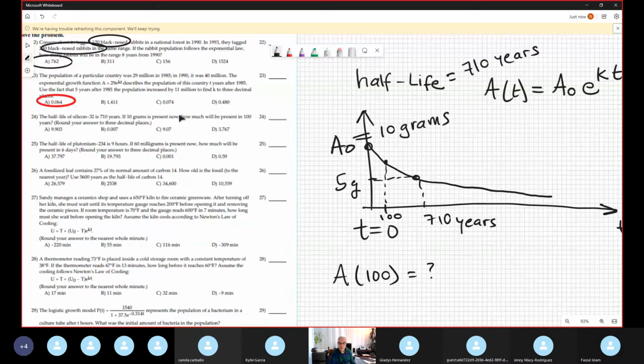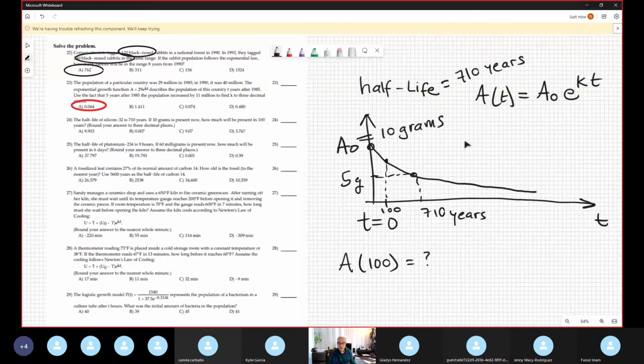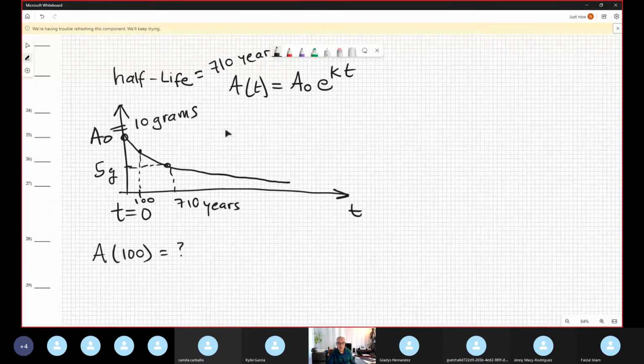Okay, we're using the formula again. We come back here, but I need to find the K first. So the initial condition is condition 0, condition 1, and condition 2. In condition 0, the problem is giving the amount A null is 10.